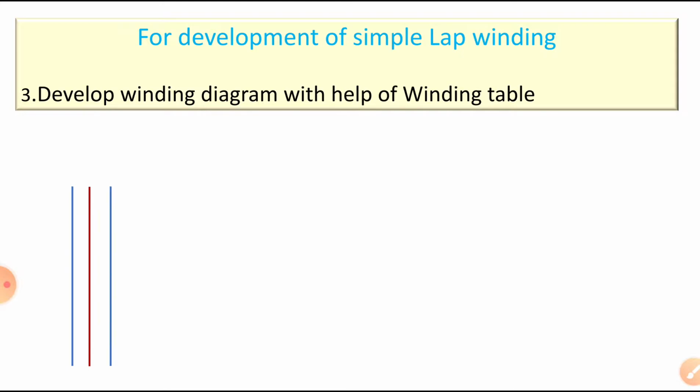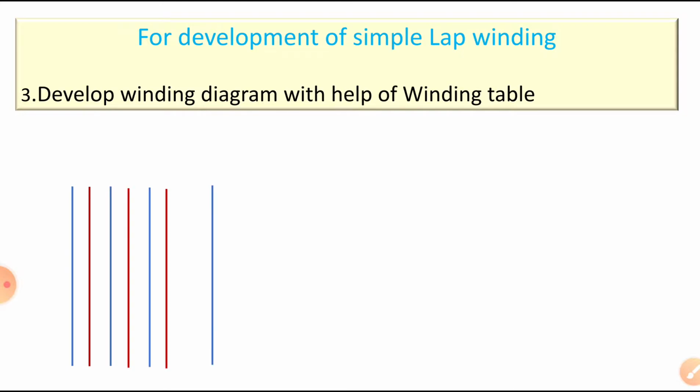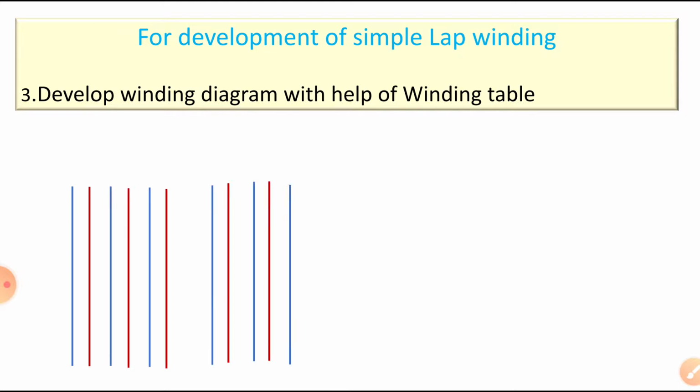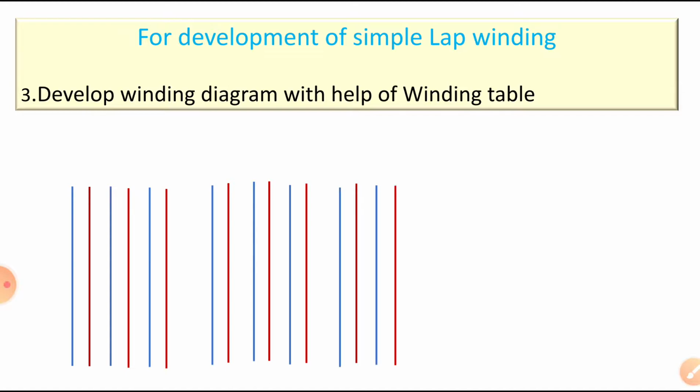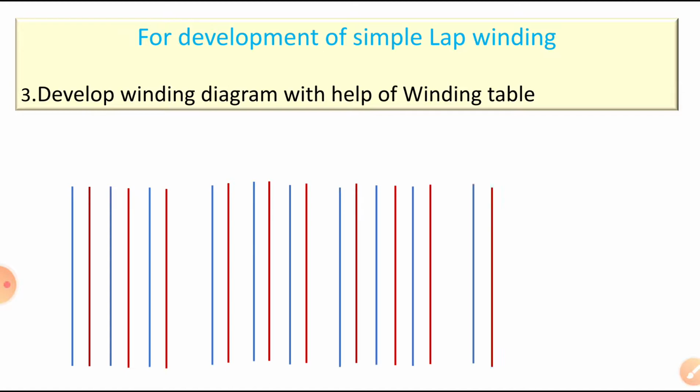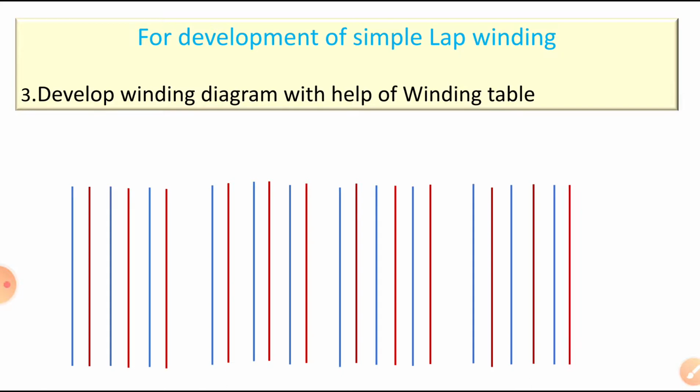So here, as usual, what to do? You have to draw all lines parallel to each other. As usual, just simple, draw solid lines of equal length and equal distances, equal to the number of slots.